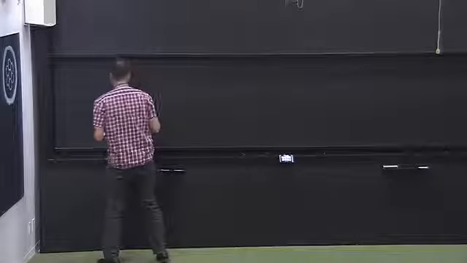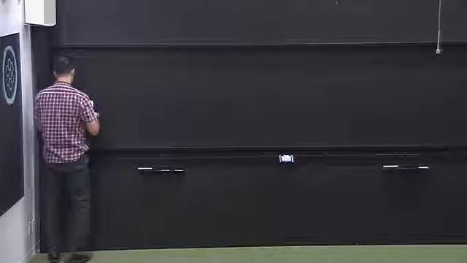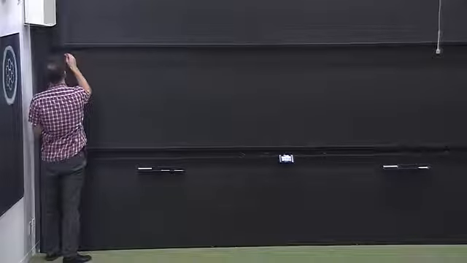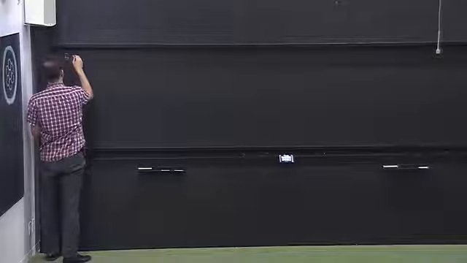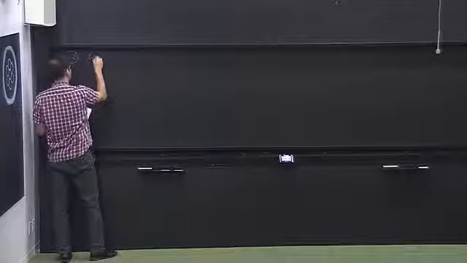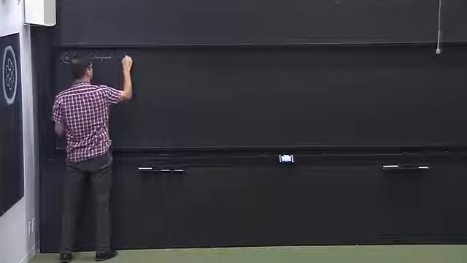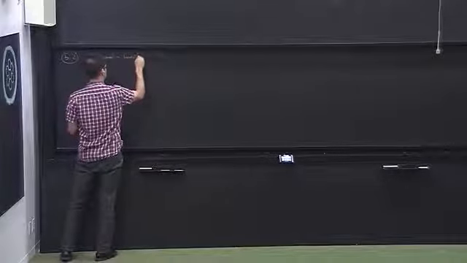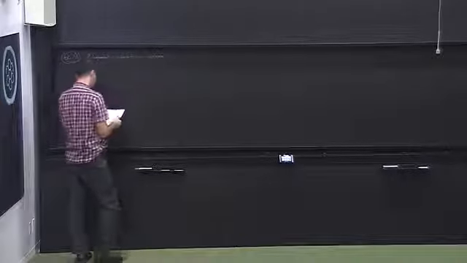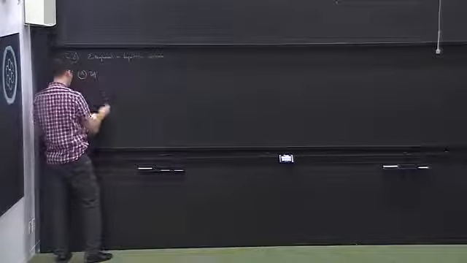Okay, so then this is 5.2. Entanglement in bipartite systems. All right. So first, let's define what we mean by entangled state.